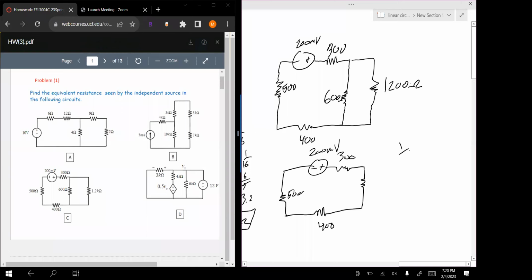I'm going to say 1 over 600 plus 1 over 1200 is equal to 1 over R equivalent. I'm just going to do it quickly on the calculator. As my R equivalent value, I'm getting 400 ohms.